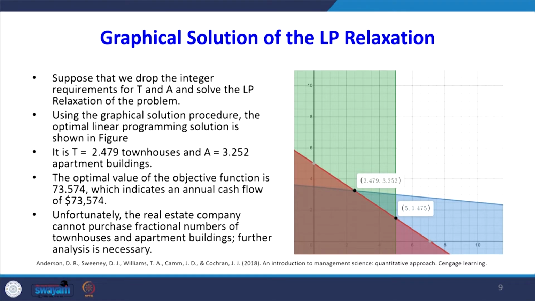First we will solve this problem graphically. This problem I have solved with the help of Desmos. I have plotted all the constraints. The feasible region is this region.